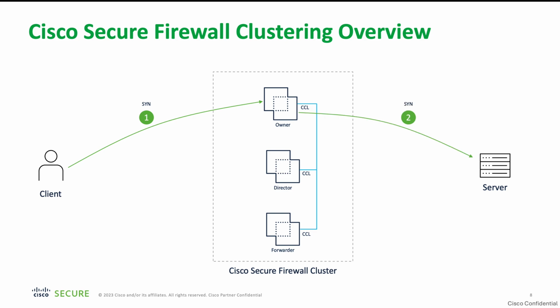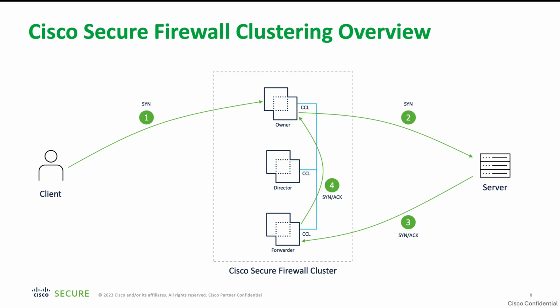In the second step, the SYN reaches the server, and the server responds with a SYN-ACK, but this packet may arrive at a different firewall node or at the same node. Let's consider it arrives at a different node. This node now acts as a forwarder. Since the forwarder doesn't own the connection, it decodes the SYN cookie, learns the owner's identity, creates a forwarding flow, and passes the SYN-ACK to the owner.